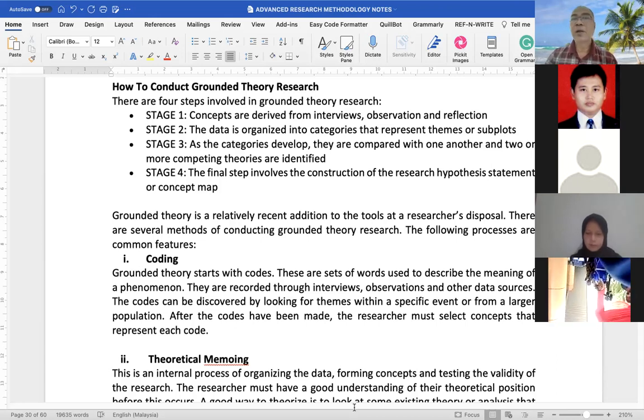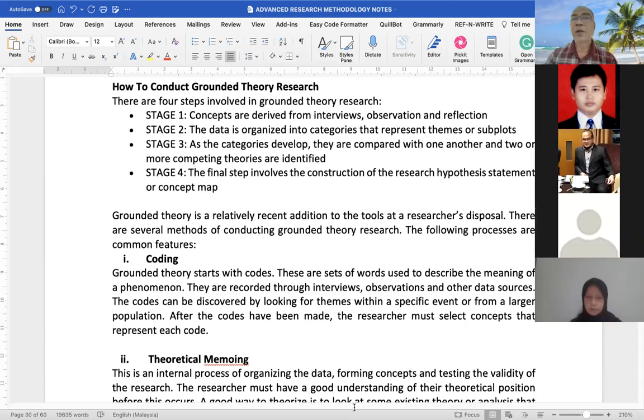Okay, so let's continue. Grounded theory is a relatively recent addition to the tools at a researcher's disposal. This is quite new, these new methods to do the grounded theory.